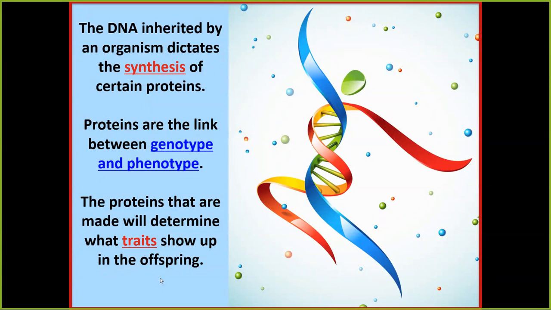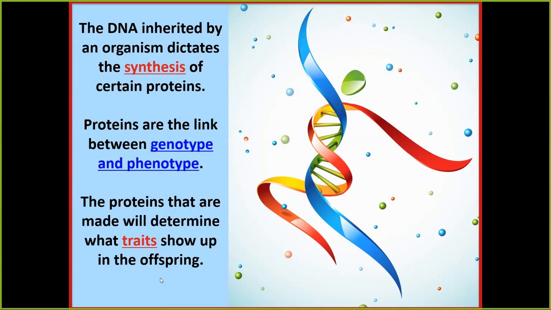When we say synthesis, that means we're putting something together. Remember we talked about heredity, Punnett squares, and Mendel. We know that DNA is inherited from parents. The DNA that you inherit determines what proteins you are going to actually make.